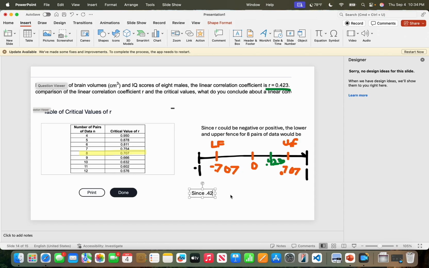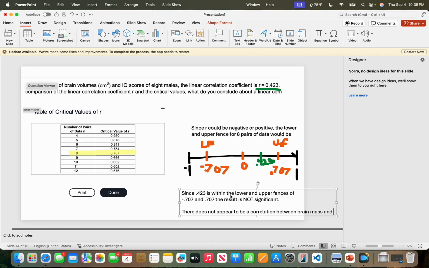Since 0.423 is within the lower and upper fences of negative 0.707 and positive 0.707, the result is not significant, which means, another way of saying that is, there does not appear to be a correlation between brain mass and IQ.